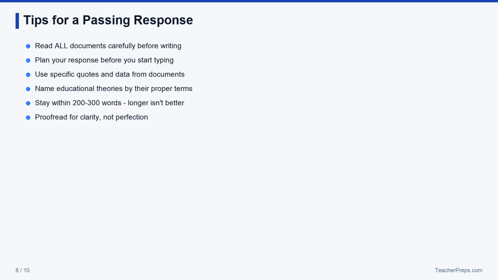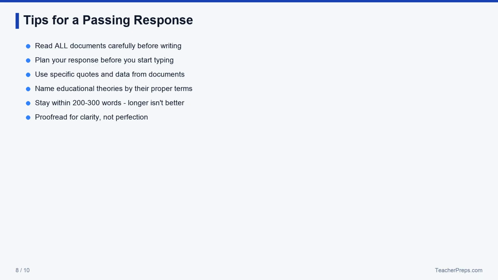Here are my top tips for writing a passing response. First, read all documents carefully before you start writing. Look for patterns and connections between the documents. Second, take a minute to plan your response. Jot down the main points for each paragraph before you start writing. Third, use specific quotes and data from the documents. Don't paraphrase everything. Direct evidence is more convincing.